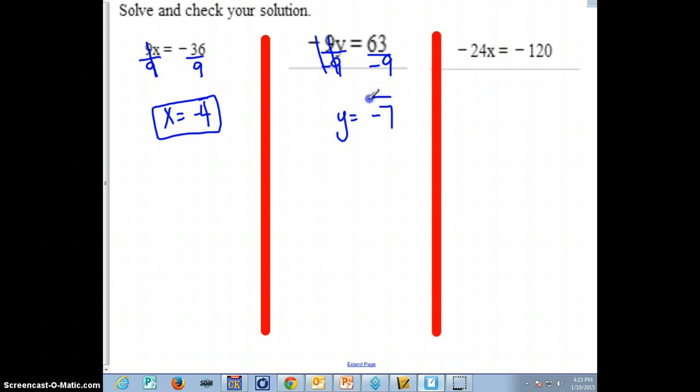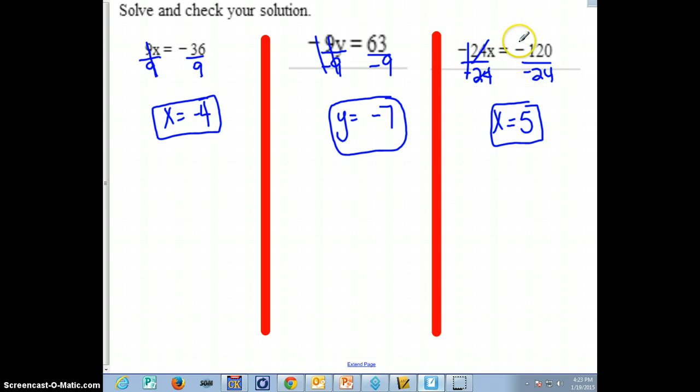You're left with negative 7. On this one, I divide by negative 24. 24s and the negatives cancel. I end up with positive 5, because these two negatives make a positive, and it's 120 divided by 24.